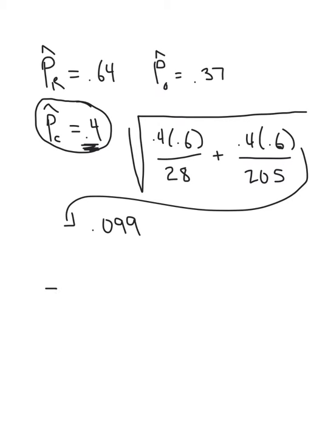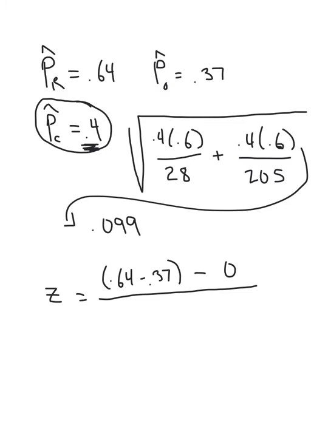So here's our z-score. It's like this. The number that we got, which is the difference of the two proportions, minus the number that we expect, which is 0. Okay.